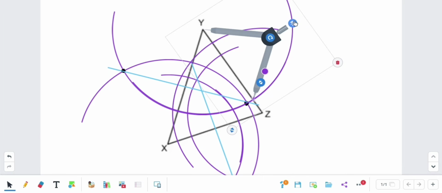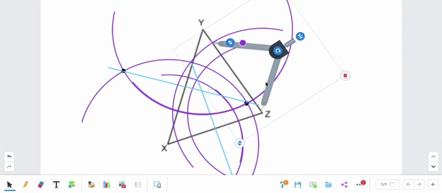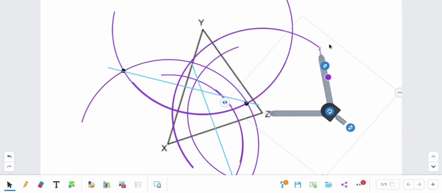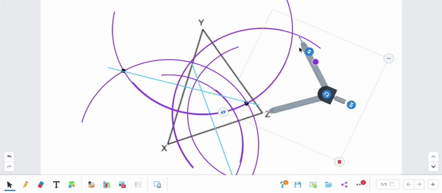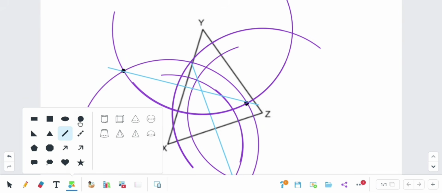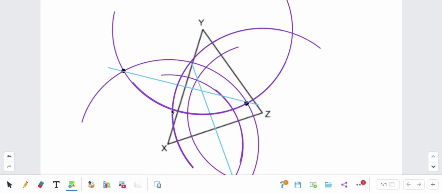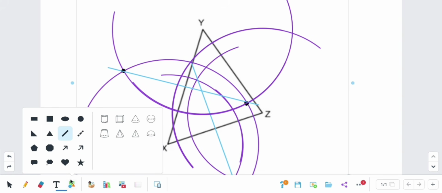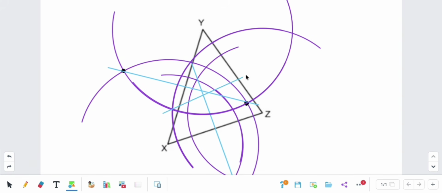Let me do that again. Now that's all done, and then I'm going to draw the last line from right here to right here, and draw my line from here to here.